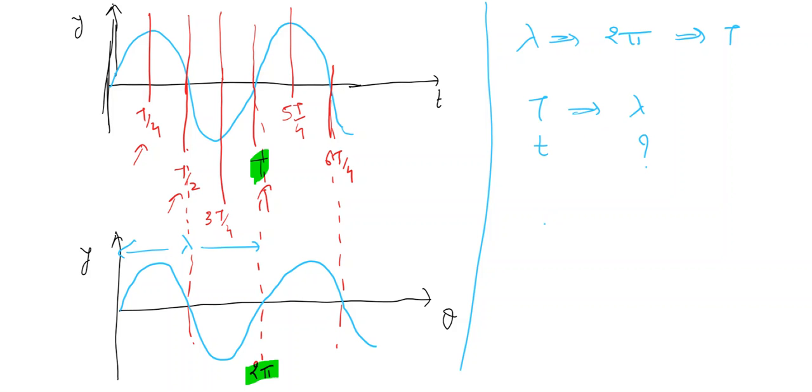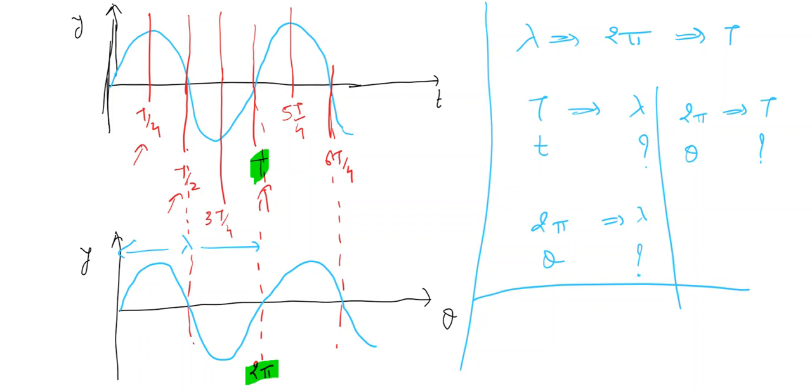If I want phase, I would say that 2 pi phase distance is lambda, at say theta phase, how much is the distance. Similarly, you can relate theta and t also, that when you have 2 pi phase, time period is T. Then if I have theta, what is the time, at what time phase will be theta. So if you have these three quantities clear, it will be much easier to understand the coming topics.